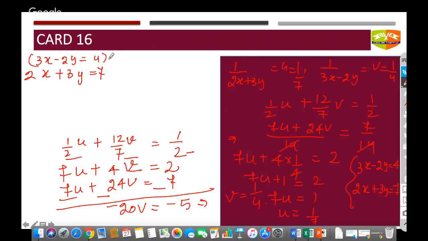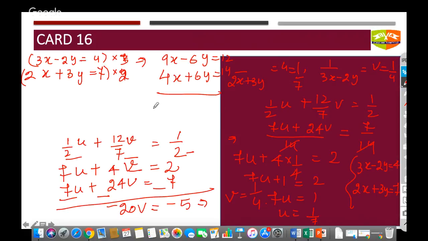Rather than multiplying by 7 and 4, I can multiply this equation with 3 and this with 2. So what I get is 9x minus 6y is equal to 12, and 4x plus 6y is equal to 14.